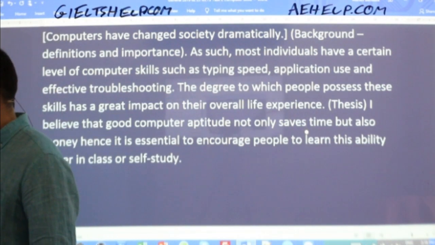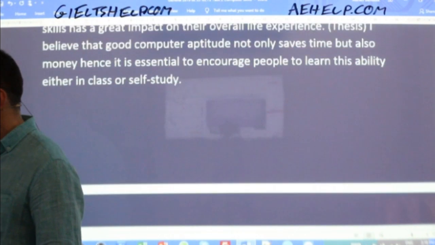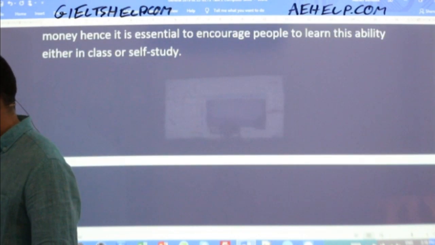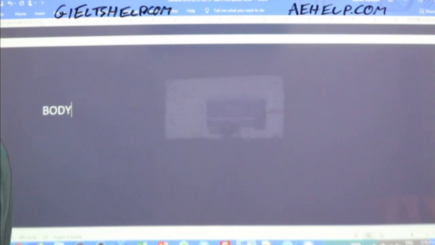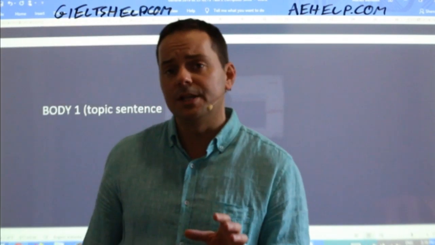So then we get into the first point. So body paragraph 1. Body paragraph 1 starts with the topic sentence. All right. And here we need to figure out what needs to go into this one.